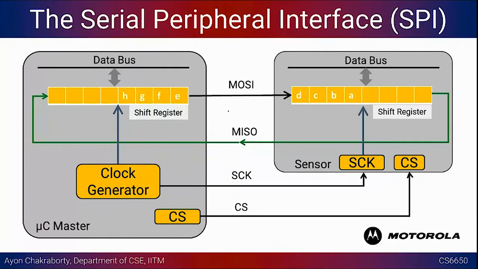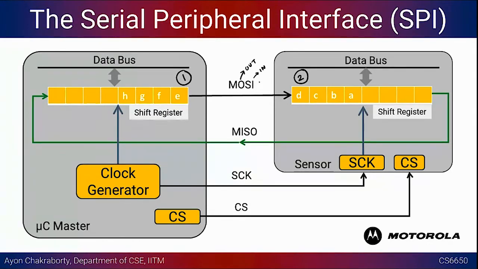So in the SPI case, the communication was done by data transfer between two shift registers, right? The shift register 1 was residing inside the master, and the slave device had another shift register. And the data could be transported from the master to the slave, which is called master out, slave in, M out, S in, right?